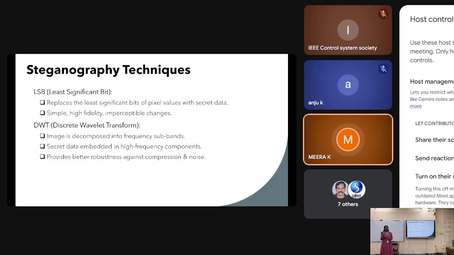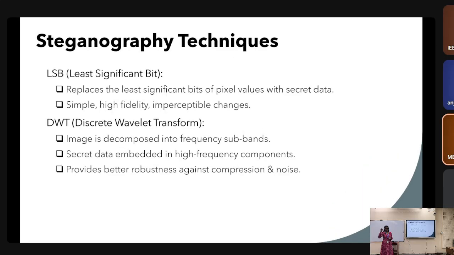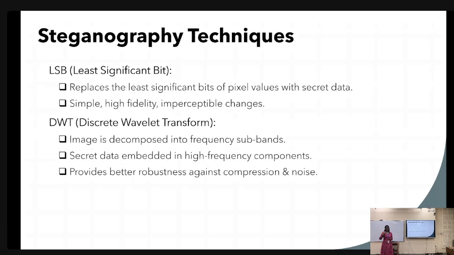In each pixel value, the LSB bit will be replaced with our input image data. If we alter only the LSB bit, visually we cannot see any change in the resultant image. So it is very simple, and it offers high fidelity, providing imperceptible changes.